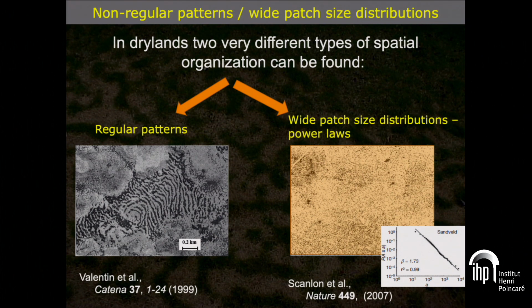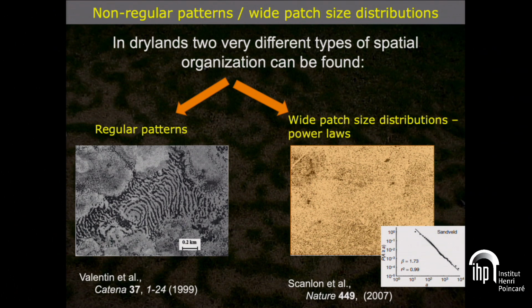You can obviously make a plot like that, which is basically a probability of exceedance. So it's a cumulative distribution, not a PDF, for these areas of these patches.